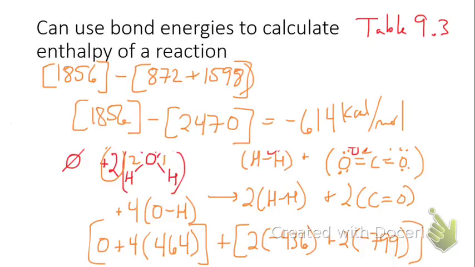Sorry, this is in kilojoules. So, what type of reaction has a delta H of a negative number? That's right, exothermic.